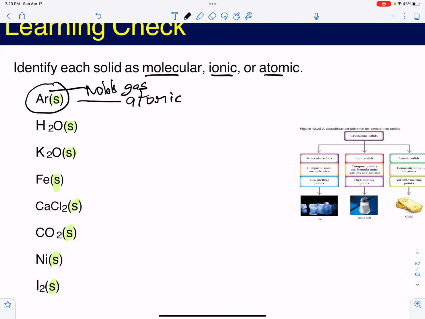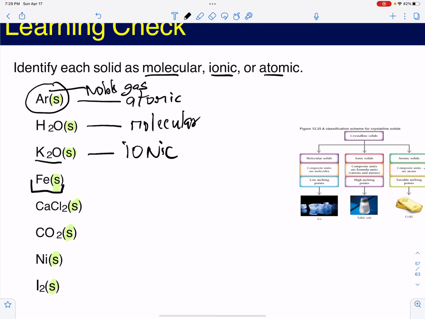H2O is a molecule, so that's going to be molecular. K2O is an ionic compound, so that's going to be ionic. Not that difficult, right? This one is just iron, which is an atom, so it's going to be atomic metallic, so just atomic.